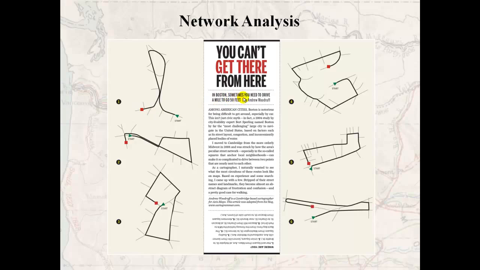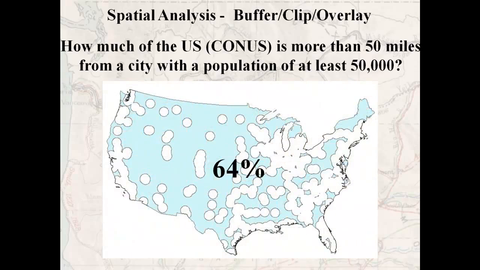So sometimes it says you need to drive a mile to go 50 feet. In this case you might have to drive a mile to go from here all the way around and get to here, when you could actually walk on sidewalks maybe and get there in 50 feet. So sometimes network analysis is important because the real world isn't always a straight shot.